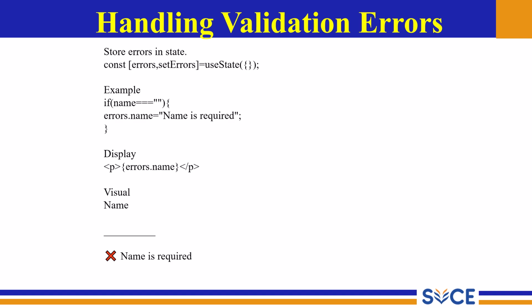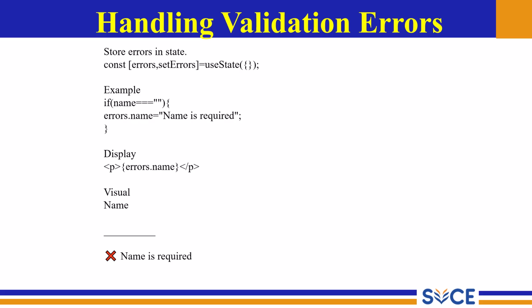To achieve this, React stores all error messages inside another state variable called errors. Creating an error state. Notice that we are using an object because every field can have its own error message. Each property stores the error corresponding to that field.